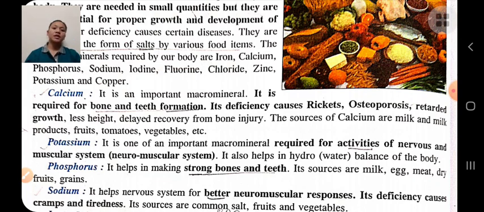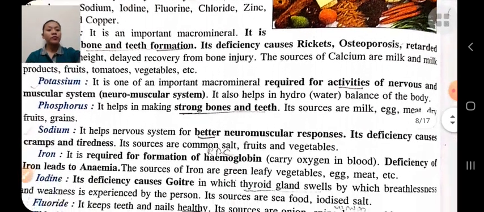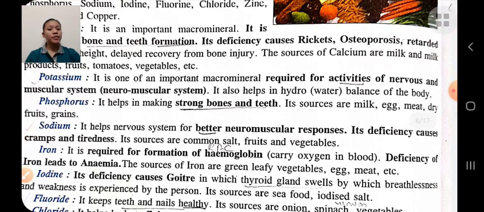If there is deficiency of calcium, it causes rickets. Potassium is required for activities of nervous and muscular systems, meaning it is required for the neuromuscular system. It also helps in maintaining the water balance in the body.